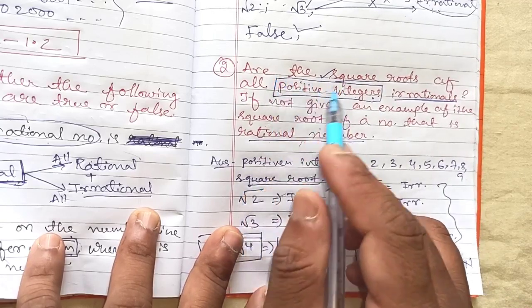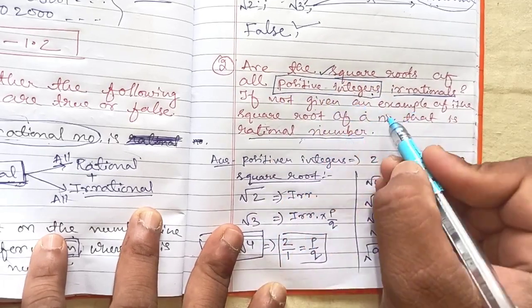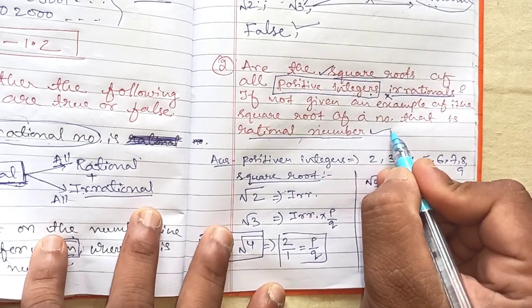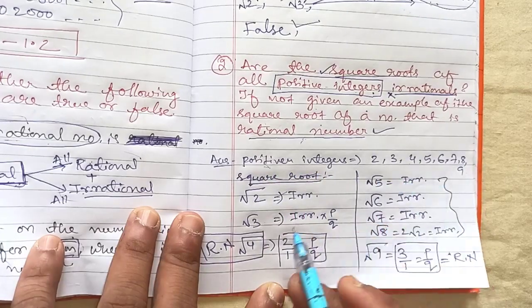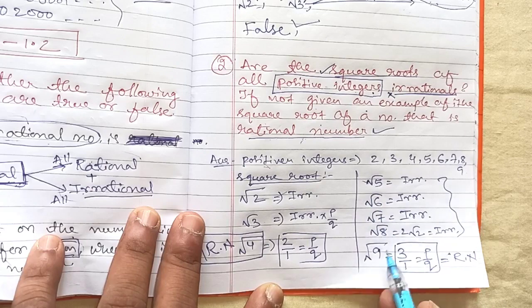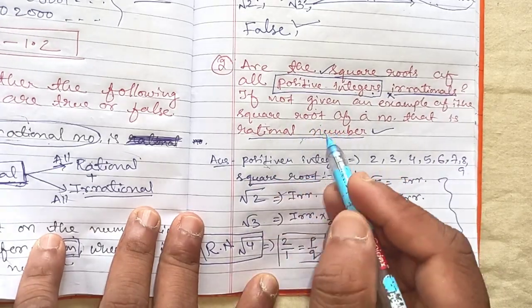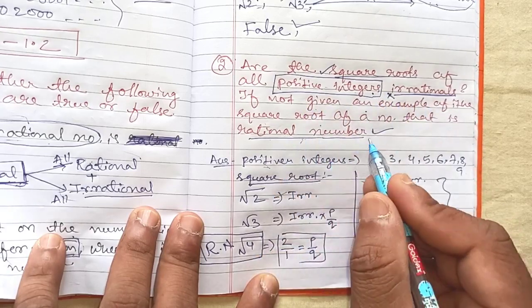That means the square roots of all positive integers are not irrational, some are rational. Again some are irrational, again some are rational. So we have come to a conclusion that the square roots of all positive integers are not irrational, some are irrational.